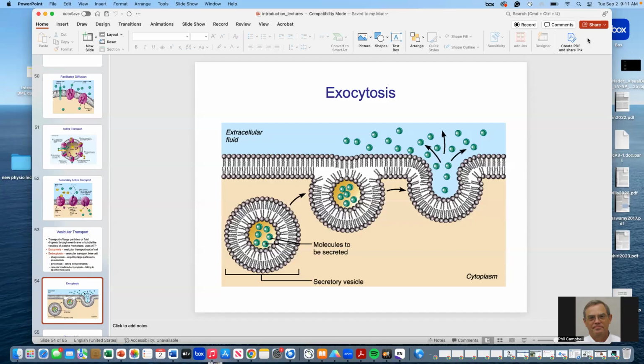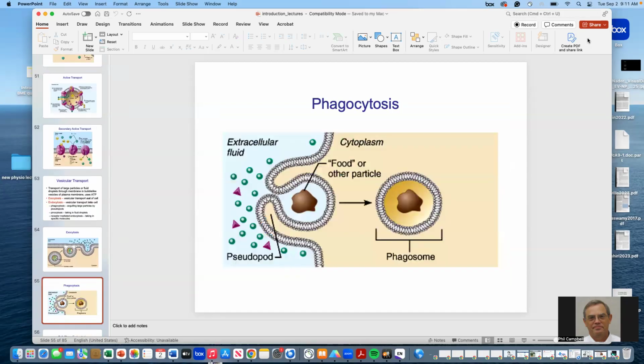So there is constant loss of phospholipid from the plasma membrane going out via exocytosis or coming inside via endocytosis. And this is one way at which the cell maintains a balance. So this can replace phospholipids that are lost via, say, endocytosis, which we'll talk about in a moment.